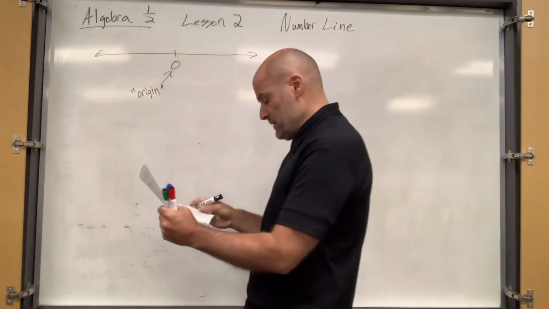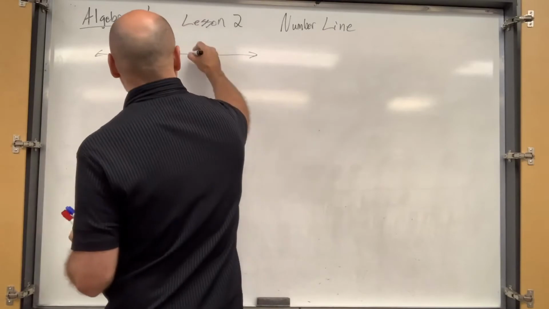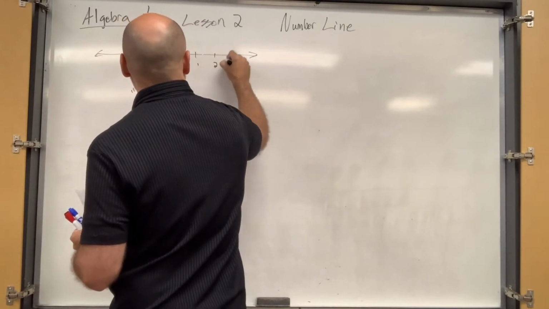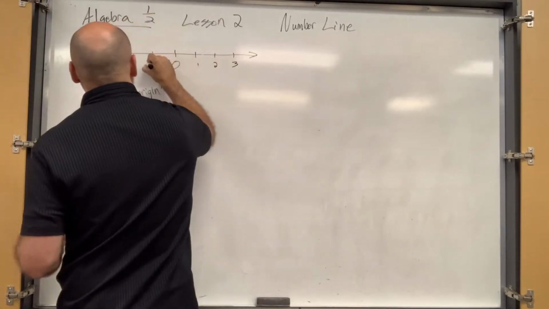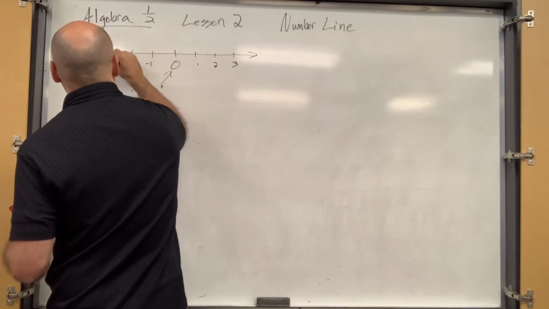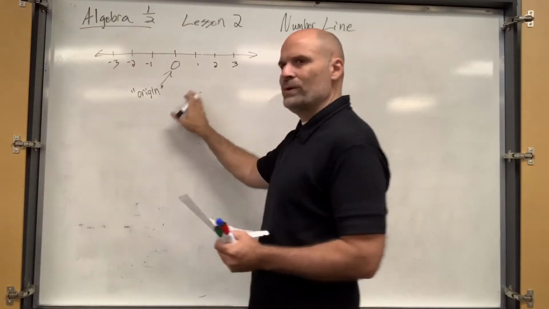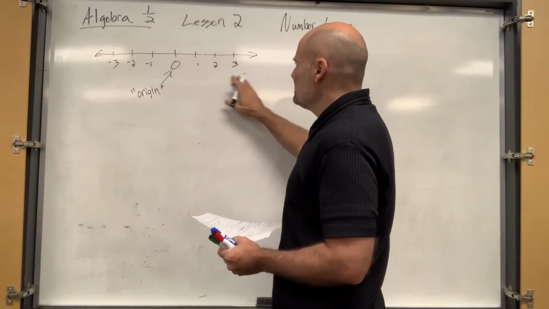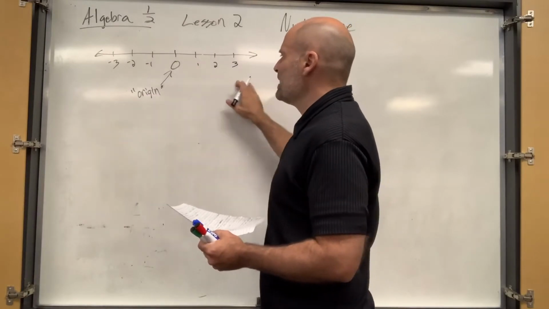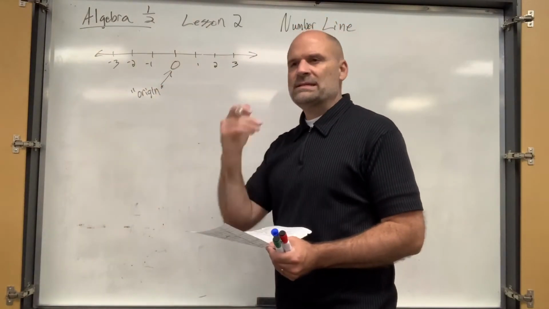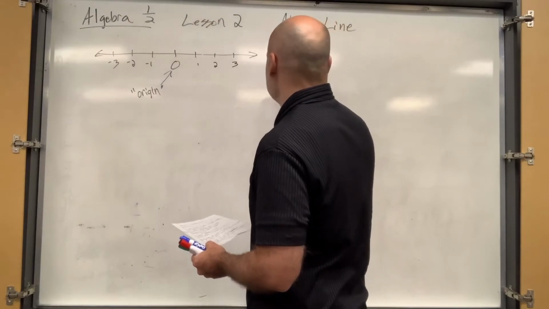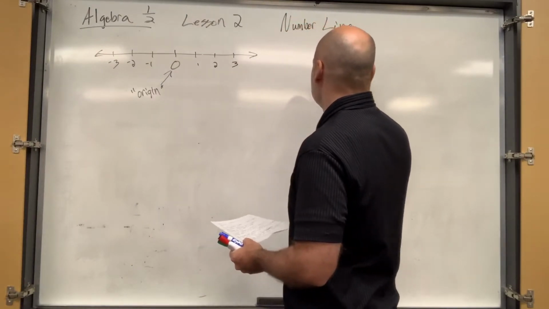So we've got positive numbers to the right, negative numbers to the left: 1, 2, 3, and so on, -1, -2, -3. And we also have all the numbers in between. But these whole numbers and their opposites are another set of numbers. Do you know what this set of numbers is called?